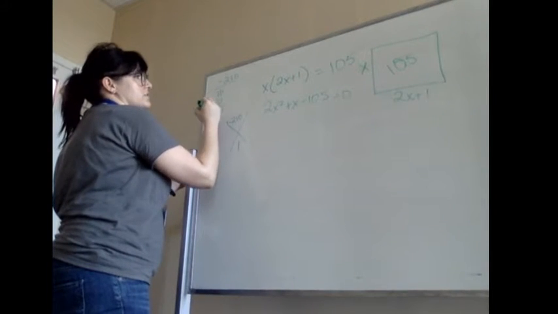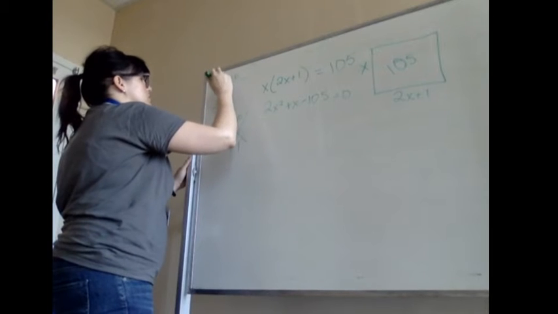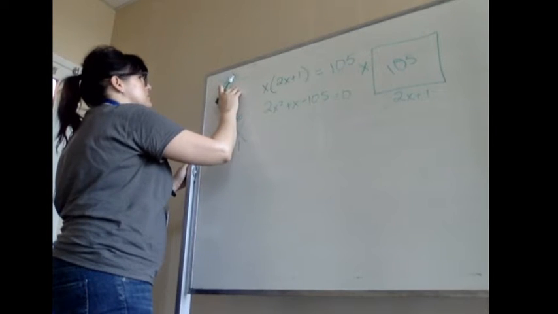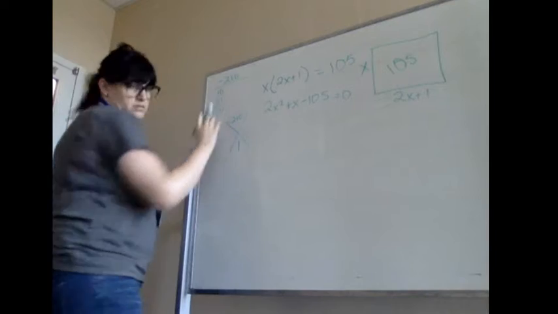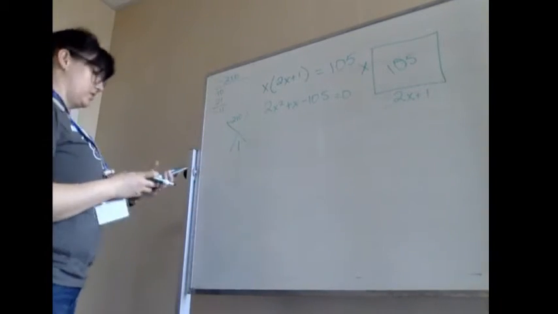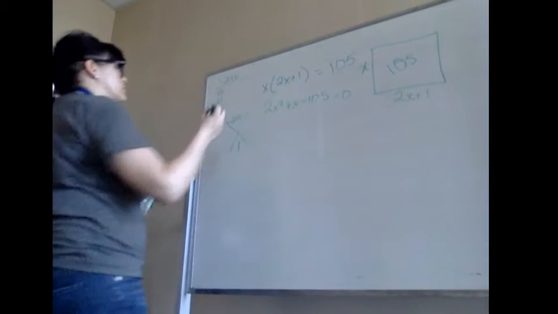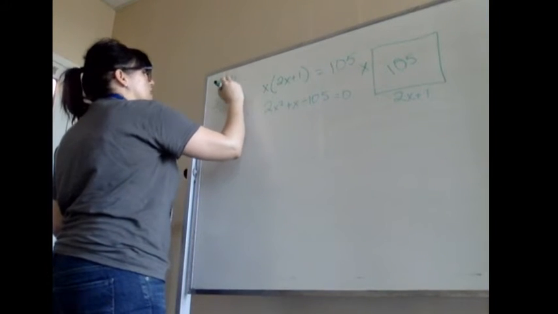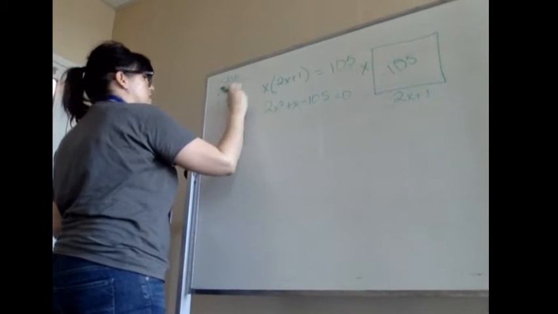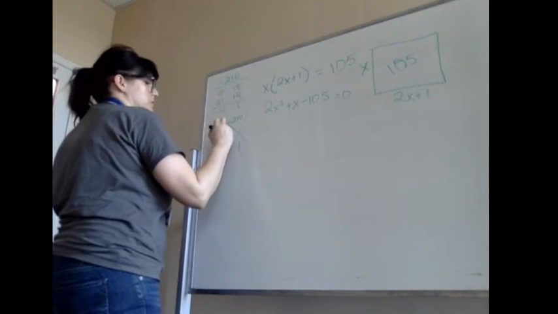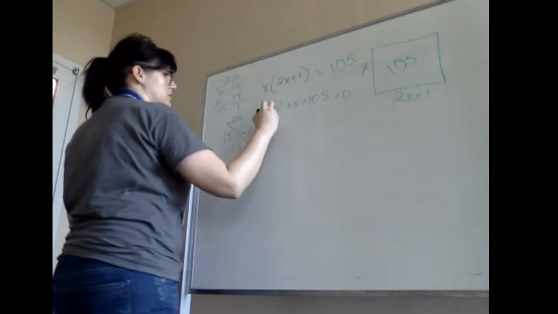That adds to negative 11. That's not right. So, does 11 go into this number? No. Does 12 go into this number? 15 and 14. So 15 and 14 multiply to 210, add to positive 1. So positive 15, negative 14.